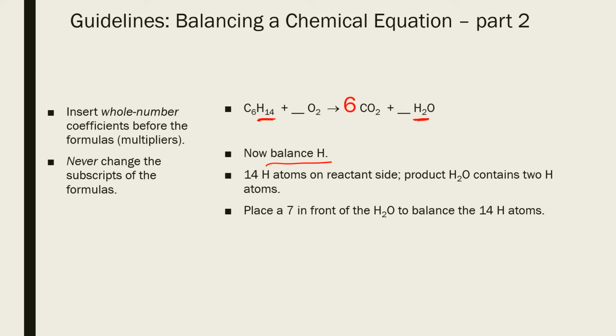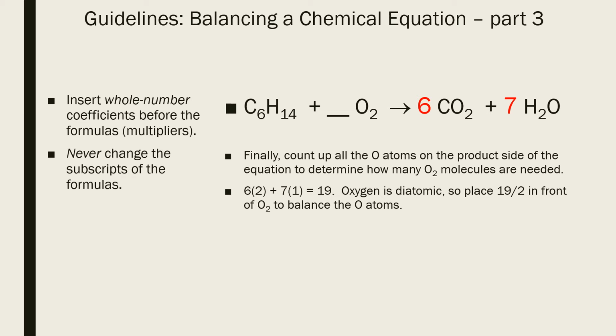So we need to put 7 here, because whatever we put here, that number will be multiplied to the entire molecule, right? 2 were already there, so we put 7 here, so 7 times 2 is 14. Therefore, the coefficient in front of water should be 7. And now we have balanced hydrogen atoms. The only thing left is oxygen. So let's see how to balance oxygens now.